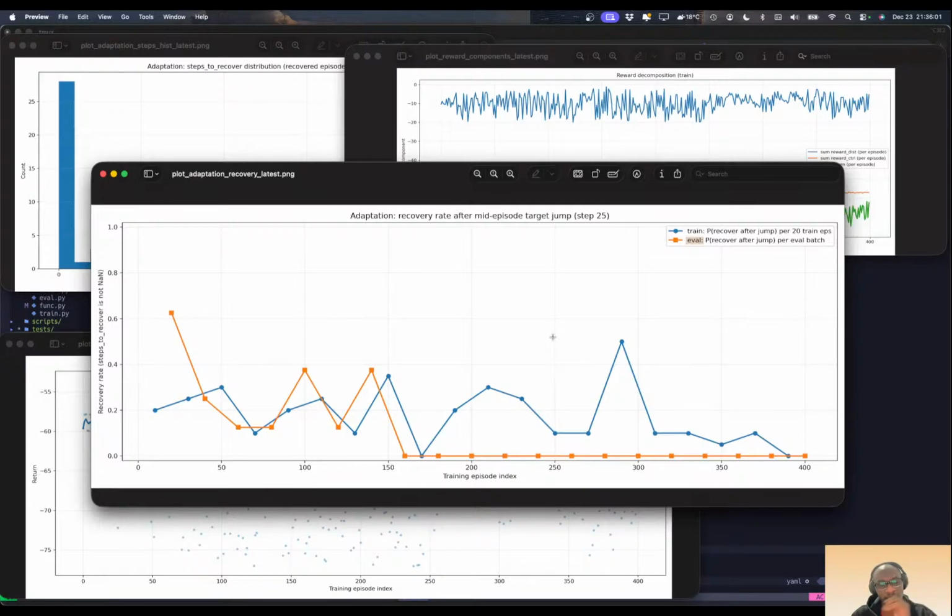It's not recovering so well, and also training is not doing a good job, because it's really just up and down. This is because of the shift in the regime, or maybe it's because of the environment, the stationary environment.